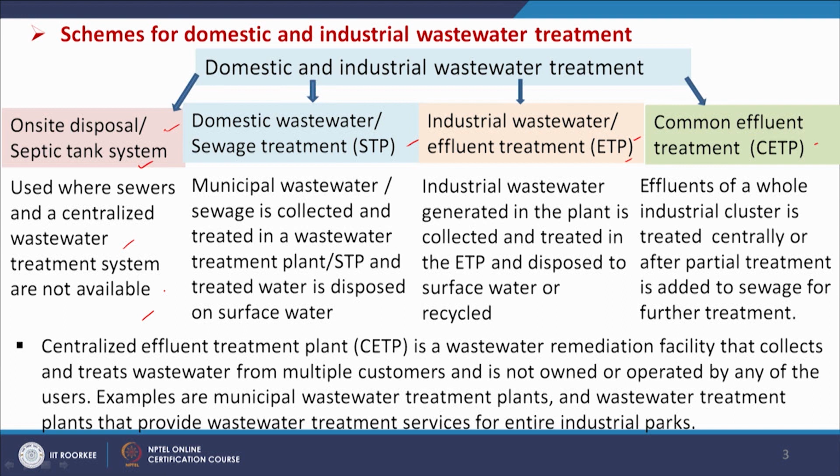And domestic wastewater, as you know, which is generated in our domestic sectors is treated in the sewage treatment plant. And in the industrial sector, wastewater is generated from 2 sources, one is the residential area, another is the industrial area. So, the water generated in the industrial area is treated in the effluent treatment plant, and the water generated in the residential area is again treated in their own STP.